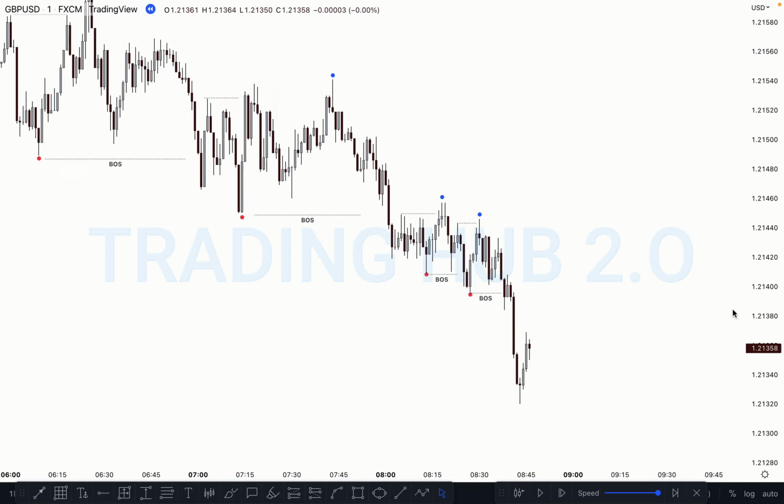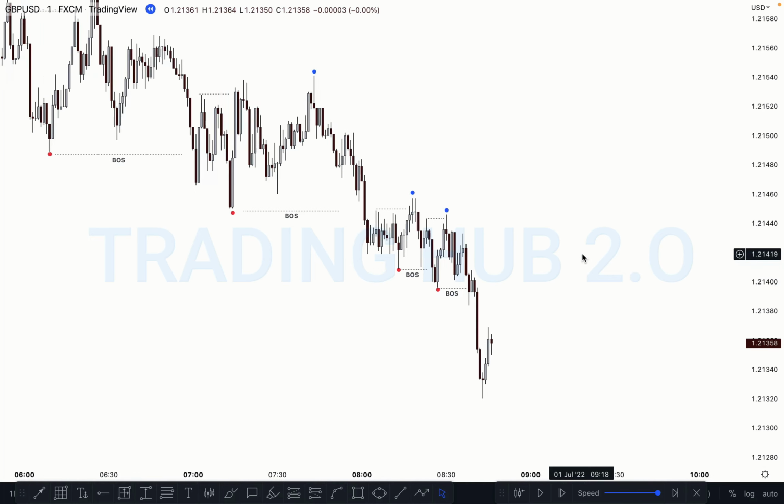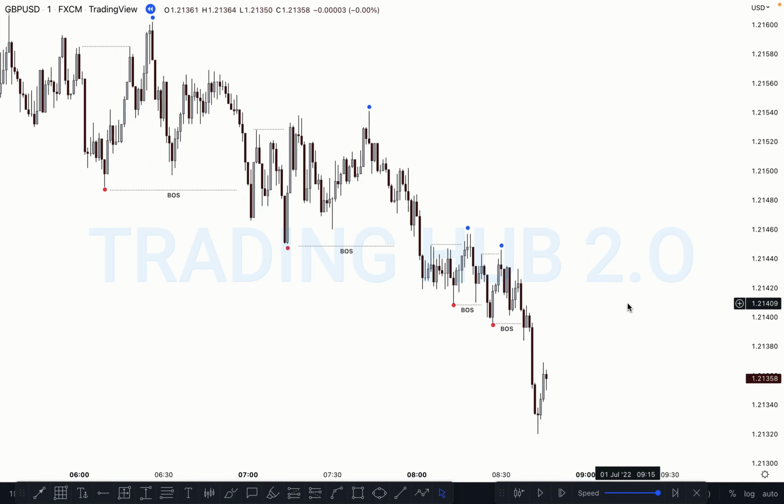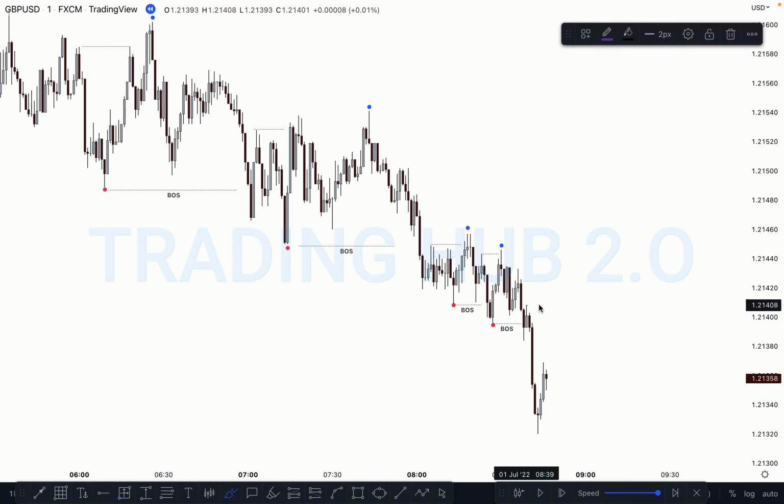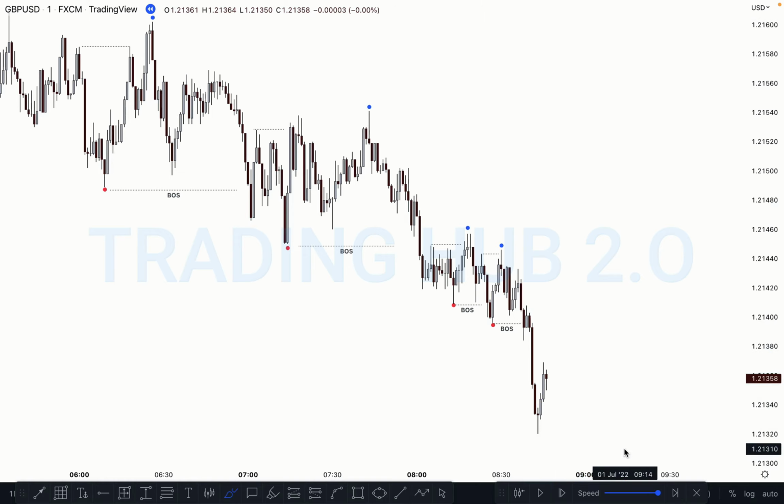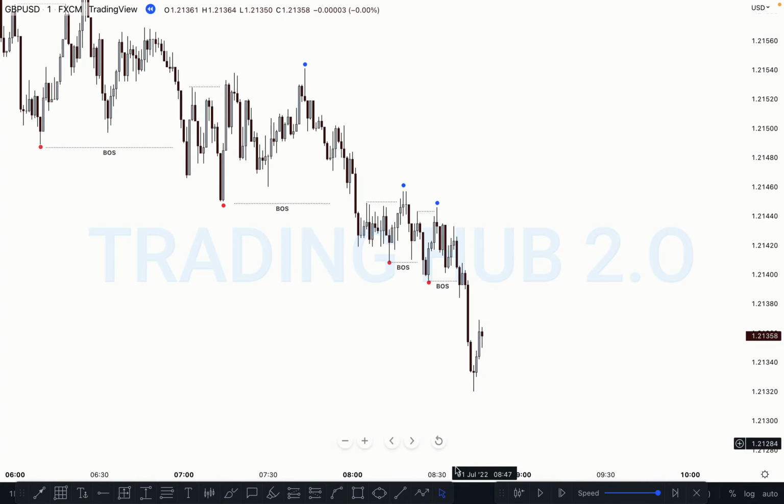So now where is the recent high that must be taken out before going downside? This is our first, because price is moving something like this, so price must take out this high, and then we expect price to go downside again. Okay, so let's see.